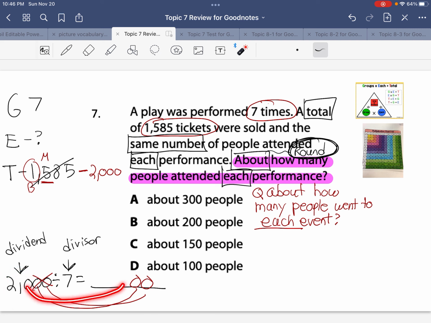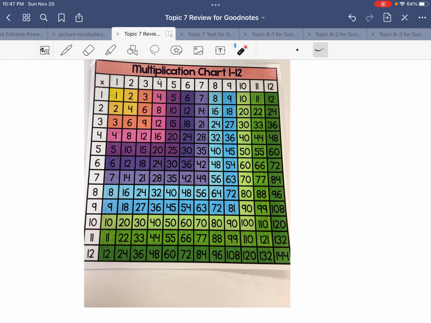So if I move the 0 over here and cross it out, that doesn't make sense. I cannot do 2 divided by 7. So just keep that in mind: your dividend always has to be bigger than your divisor. So I can only move 2 zeros. Now I'm left with 20 divided by 7. And if I look here, if I go into 7, there's no 20.